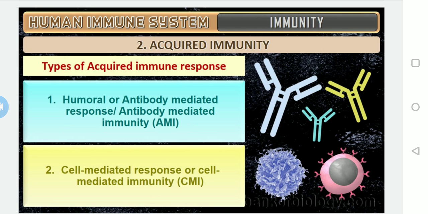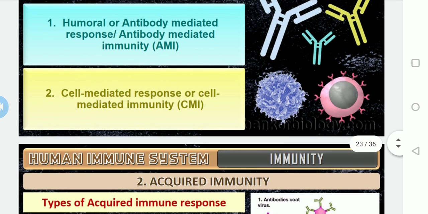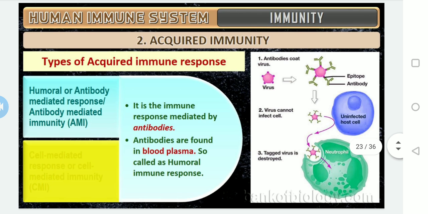These are all things we discussed in the last class. There are four major cells: killer T cells, helper T cells, suppressor T cells, and memory T cells. Let us continue, because we already discussed these in the last class. So how does it actually function?